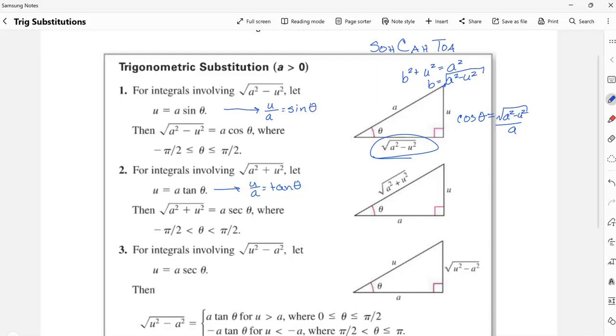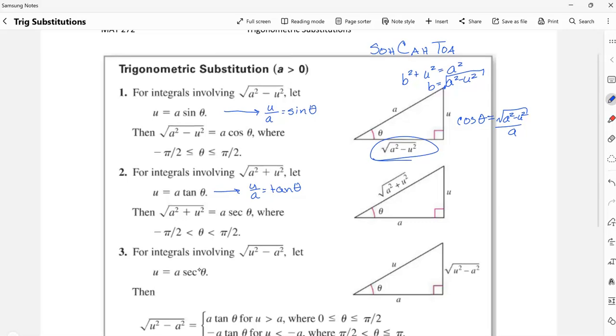We know tangents and secants go together, just like we know sines and cosines go together. So if I were to find the secant of this, that's the same thing as 1 over cosine. And remember, cosine is adjacent over hypotenuse. So that means secant is hypotenuse divided by adjacent.